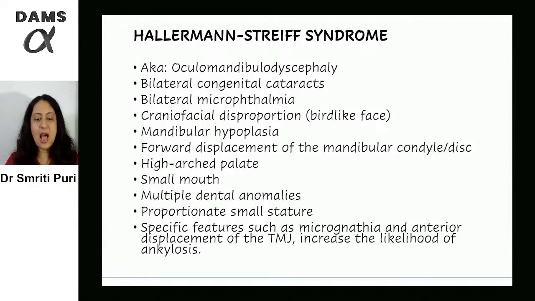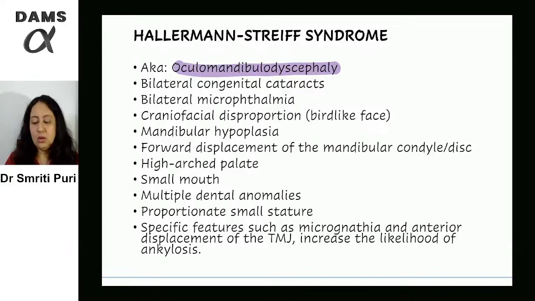Once I tell you about Hallermann-Streiff syndrome, I'll explain as well. So this is also known as oculomandibular dyscephaly. You should also know the other name, because examiners can also ask you or give you the other name.